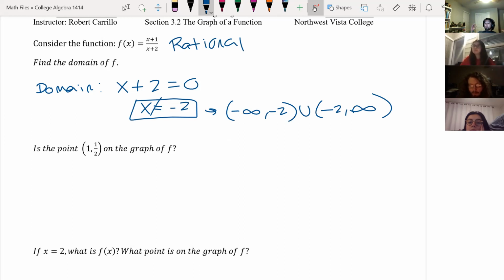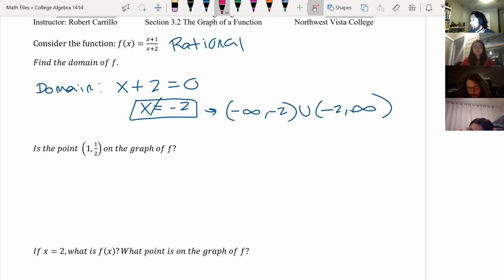That's the domain. Second one. Is the point (1, 1/2) on the graph of this function? How would we find that out? Would we plug in those values, like since 1 is x, we replace it where the x's are? That's it. Plug in 1 for x. It's giving you a point, and remember points are x and y.